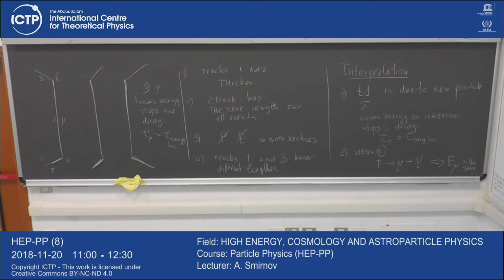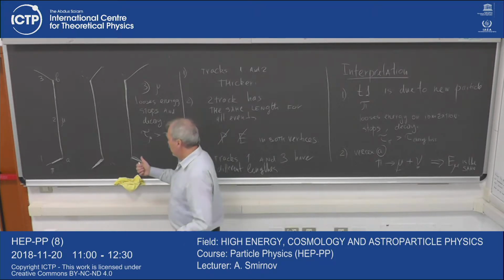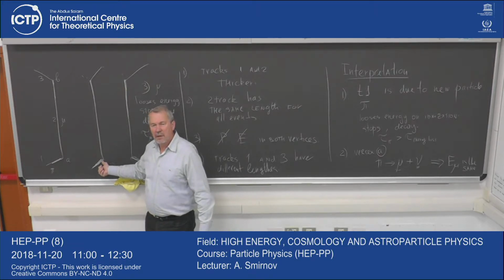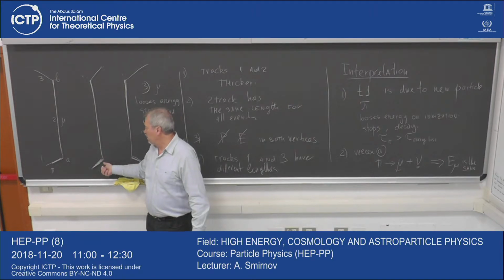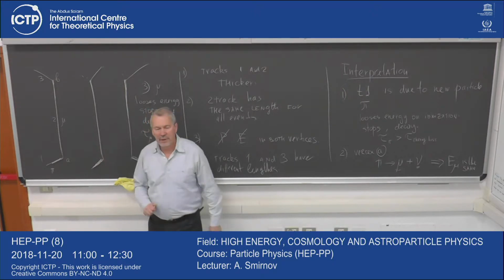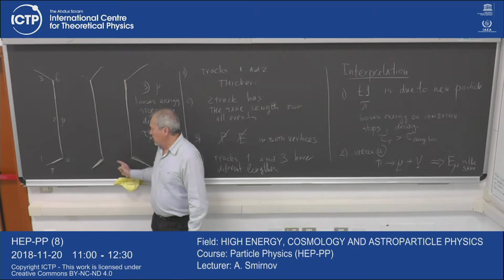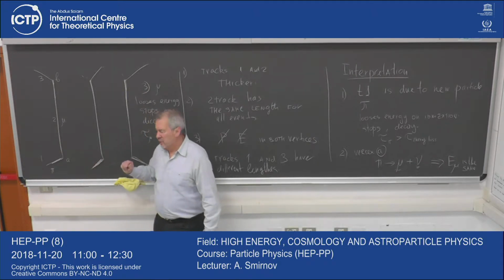So what was really puzzling is that this intermediate track had the same length in all the events. So that was puzzling. And to explain this, we need to accept that here there is a two-body decay of a particle. And so, a single particle, so you have emission of a muon in this case. And in all the events, the muon has the same energy.